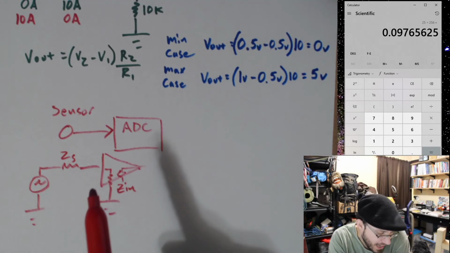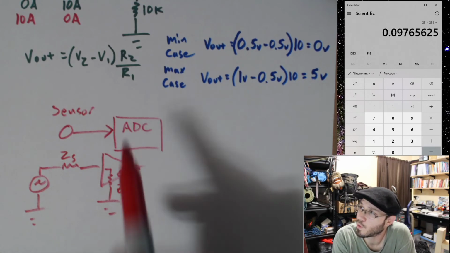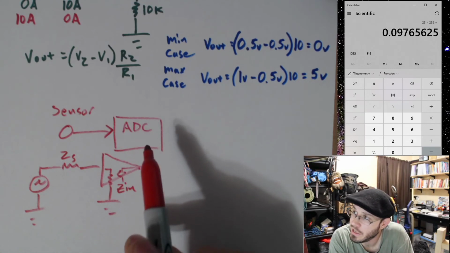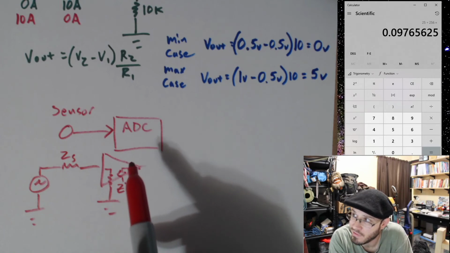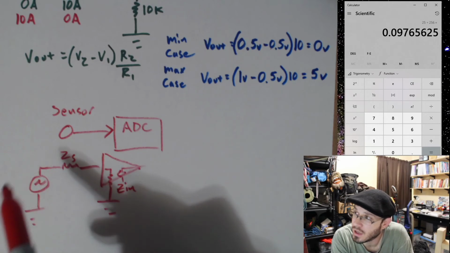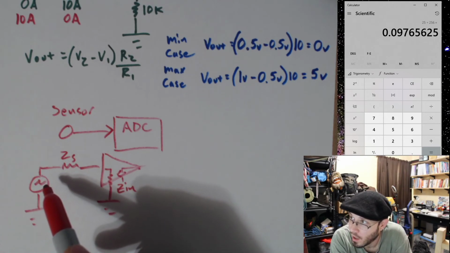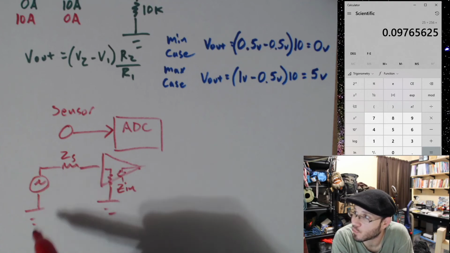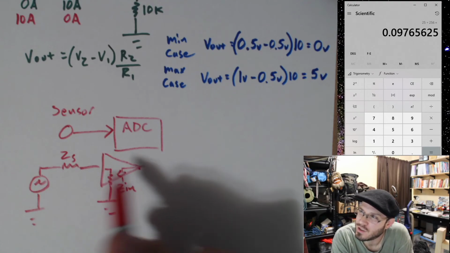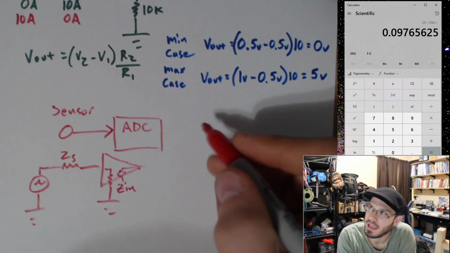Generally speaking, most analog digital converters that I've worked with in microcontrollers don't have that high of an input Z in. And my sensor, generally speaking, also doesn't have that low of a Z source or Z out.